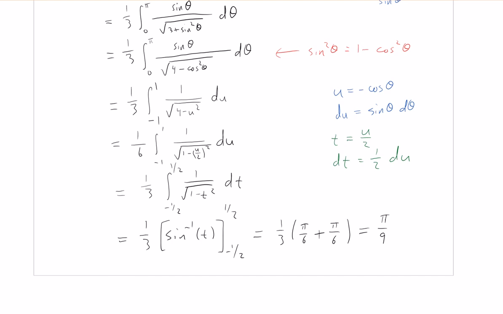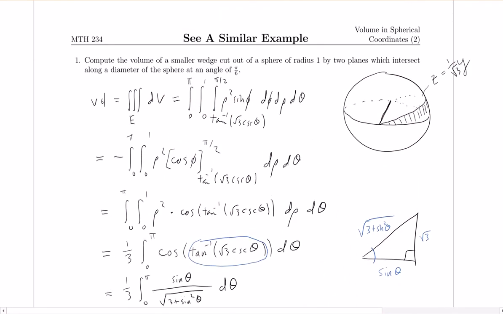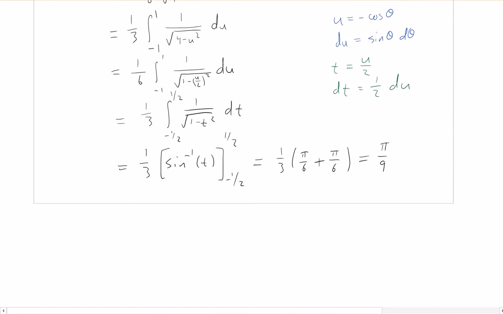I just maybe want to point out, now that we've done all this very hard work with calculus to get this answer, there's actually a very easy way to see that our answer is correct and that it is what it should be, just using some simple geometry formulas. Notice that this wedge is exactly 1/12 of the entire sphere, and the volume of the unit sphere is 4/3 times pi.